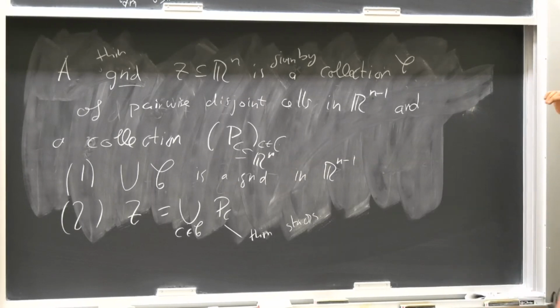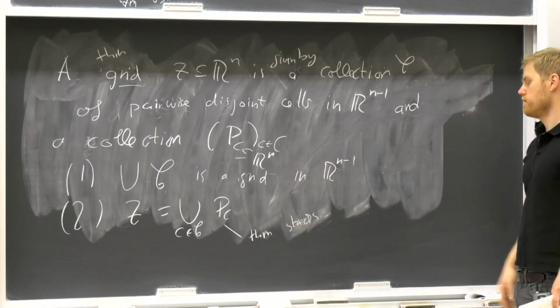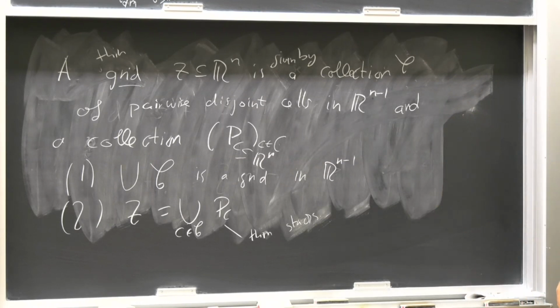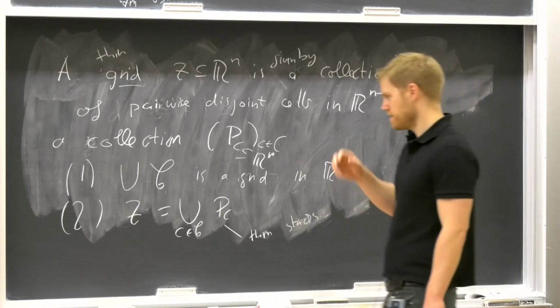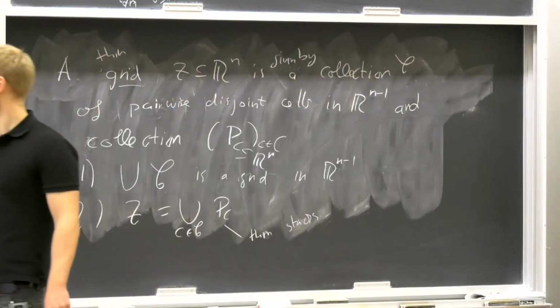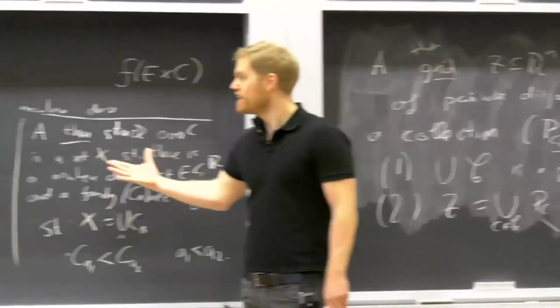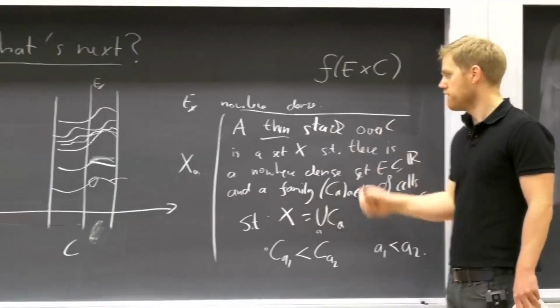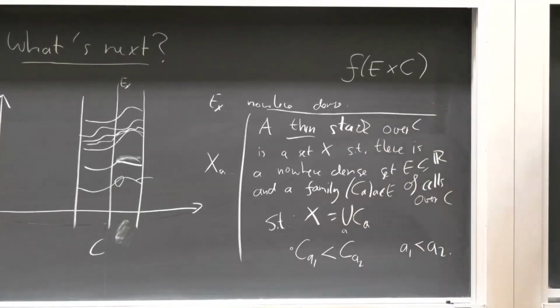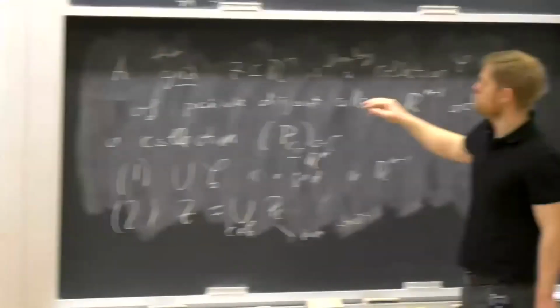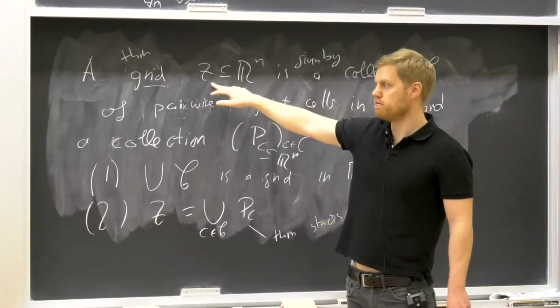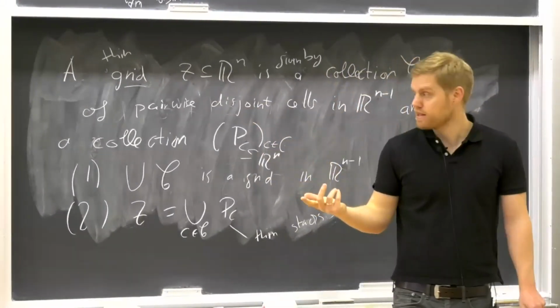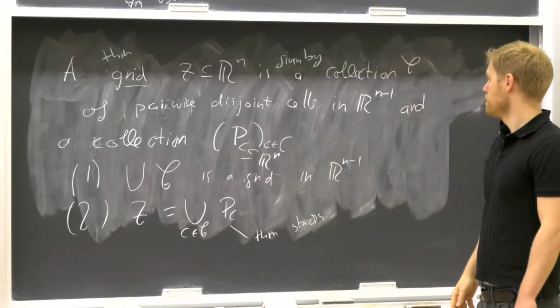So the grid is somehow the minimal definable element. These stacks might be definable, each of these cells might not. And in general, you could hope that the grids should be definable. Again, the individual cells might not.